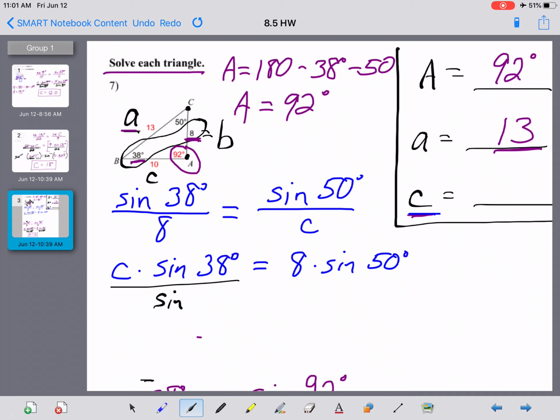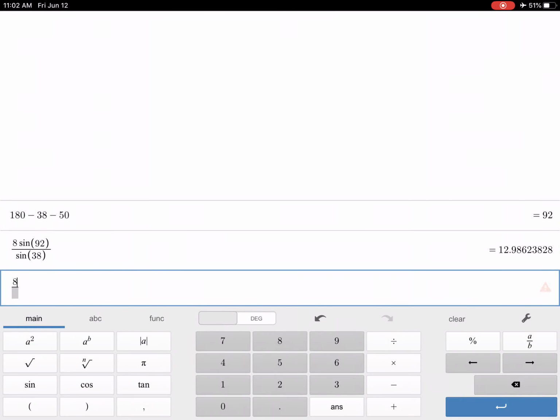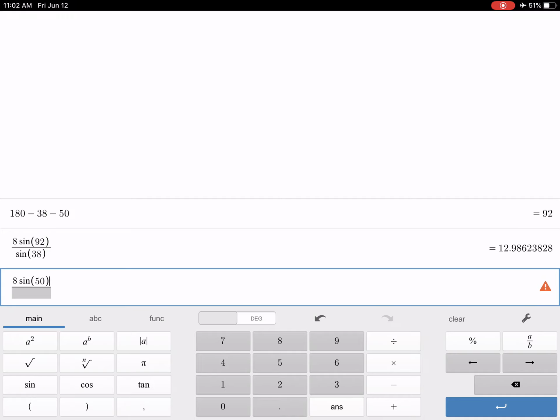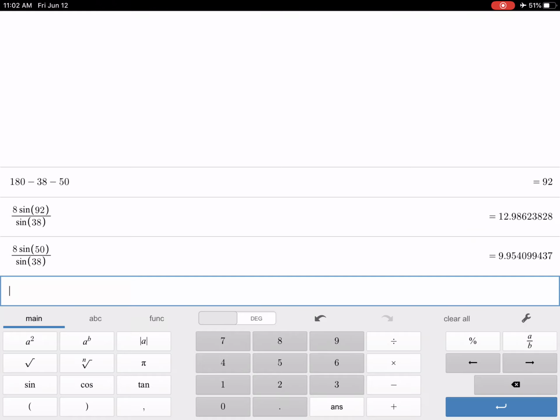Okay, here's c all by itself. We're going to divide both sides by the sine of 38 degrees. And what happens? Those two terms cancel, and we're going to get little c by itself equals 8 sine of 50 up on top, divided by the sine of 38, which gets us an answer of 9.95.